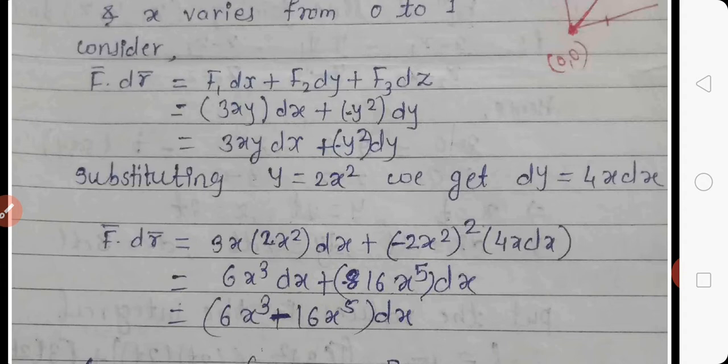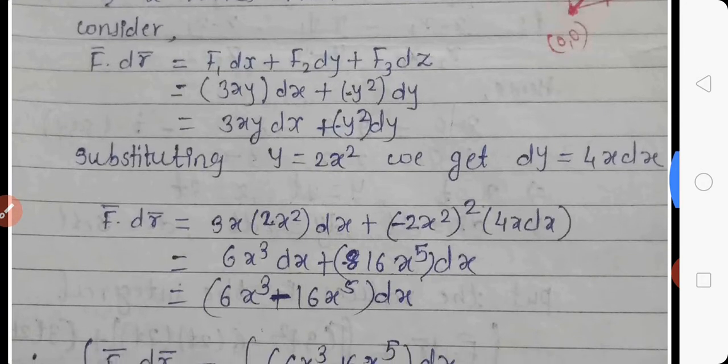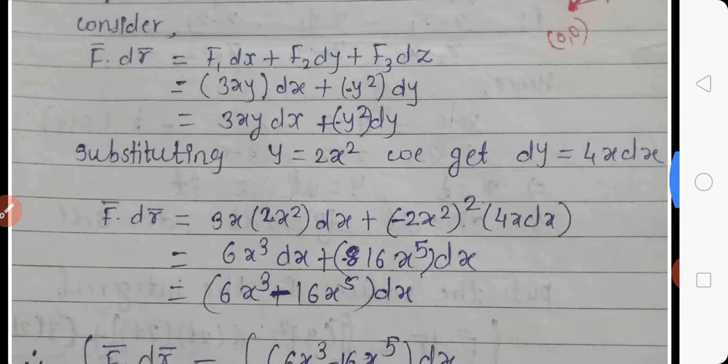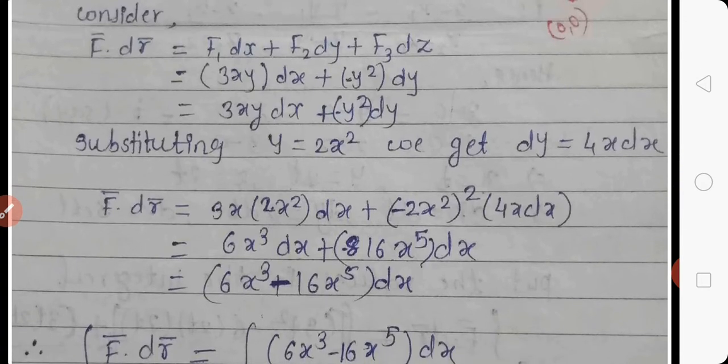Either x, y, z we can write in terms of a variable t, or if two or three variables x, y, z, we can convert this into terms of x, y, or z, and then we can calculate the value of integration.